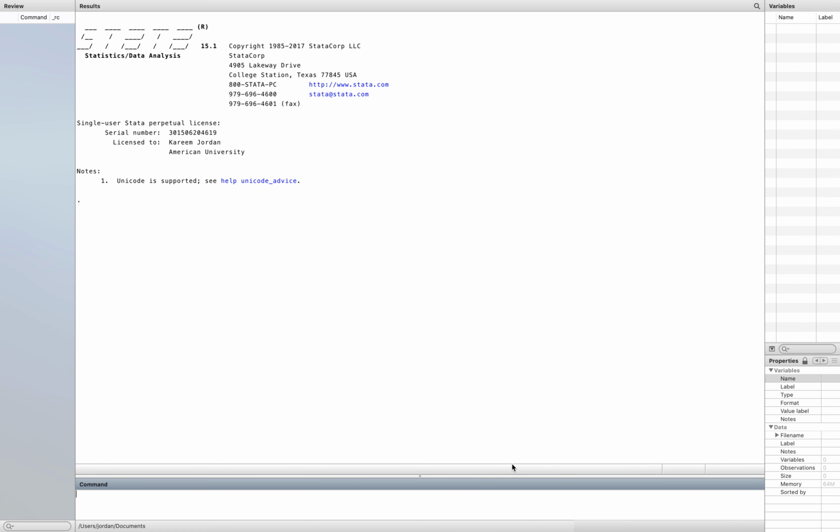So a count measure is when your variable is a non-negative whole number, and zero can be included here.